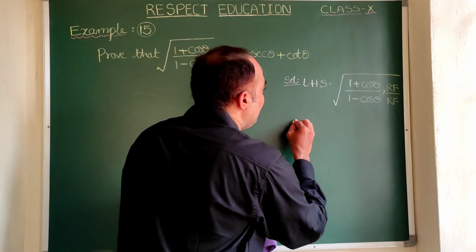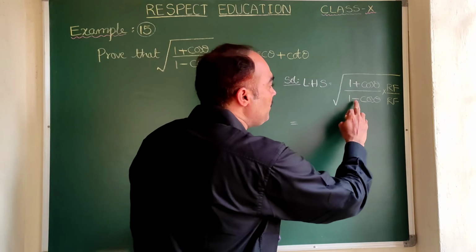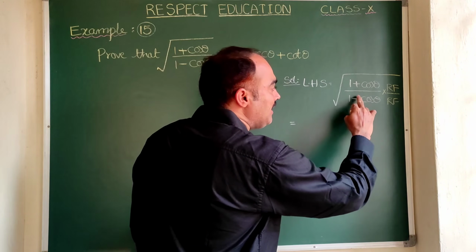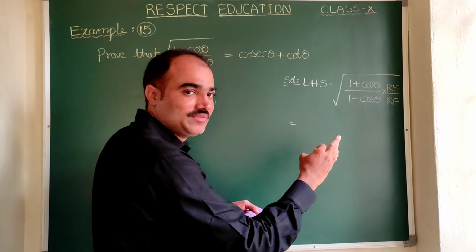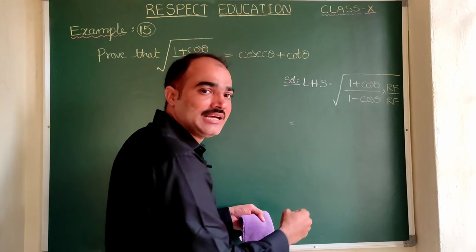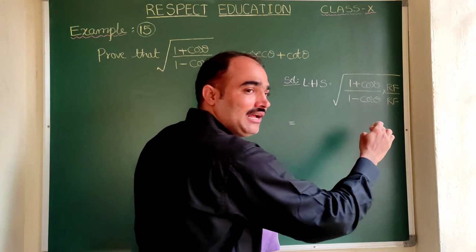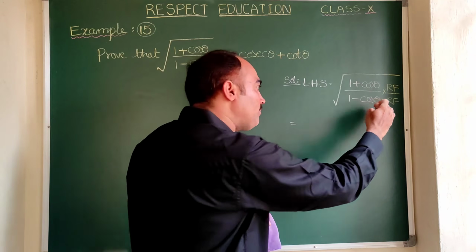Now for writing the rationalizing factor, it's very easy. Simply we can change the symbol, minus will become plus. Can you tell me what is the rationalizing factor of 1 minus cos theta? 1 plus cos theta. Yes, we should multiply with 1 plus cos theta and divide also by 1 plus cos theta.